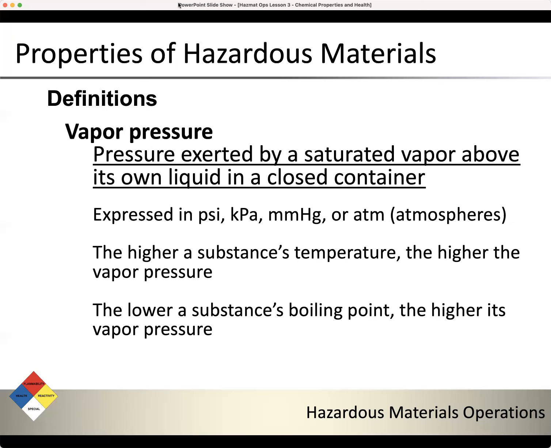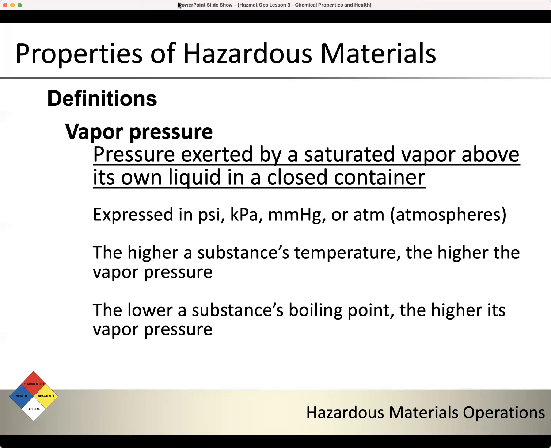So, not knowing anything else about the chemical, you can look up its vapor pressure, and if it's several times normal atmospheric pressure, then it's probably going to be a gas. That's one way we can figure out what state of matter a material is expected to be in.